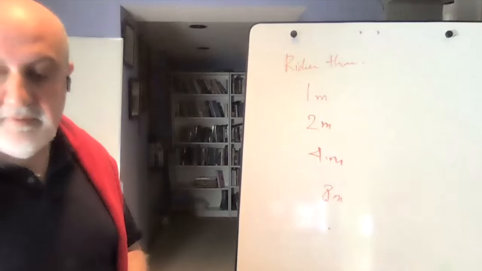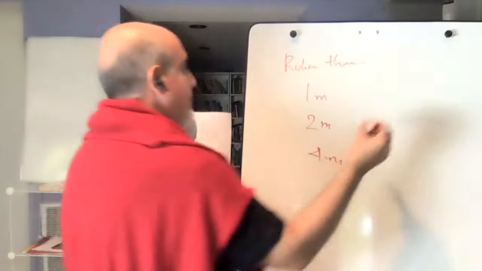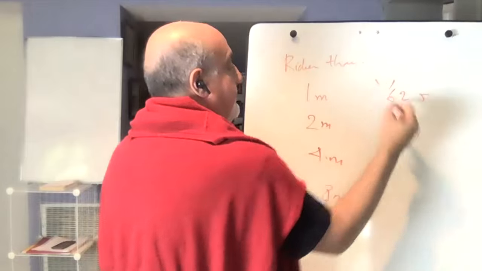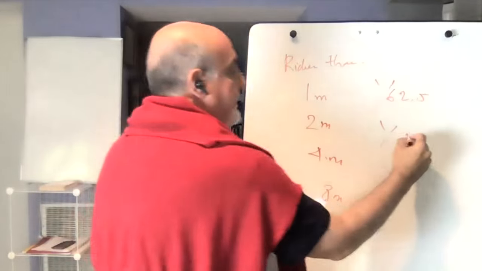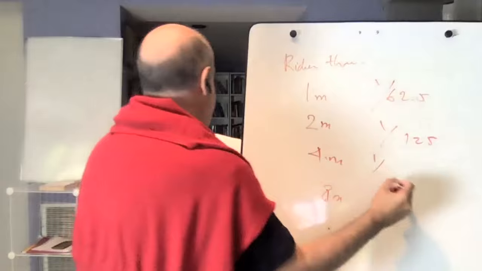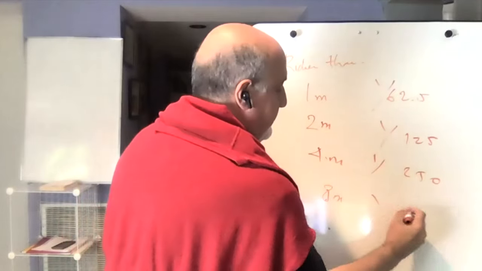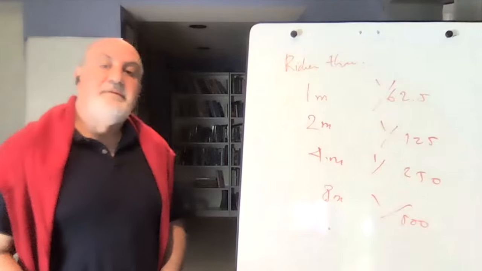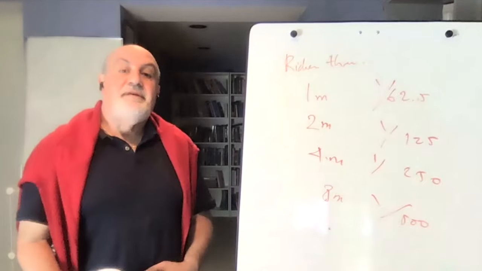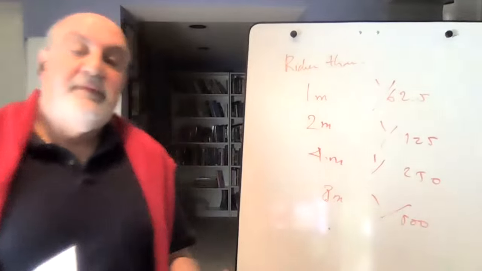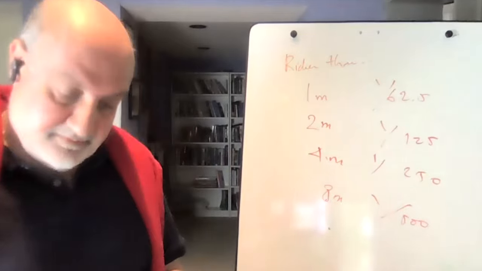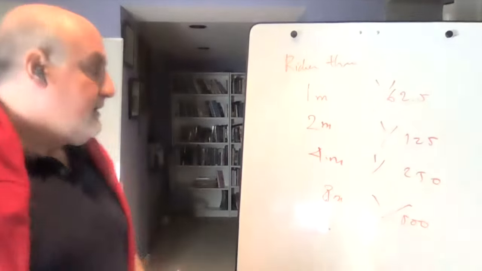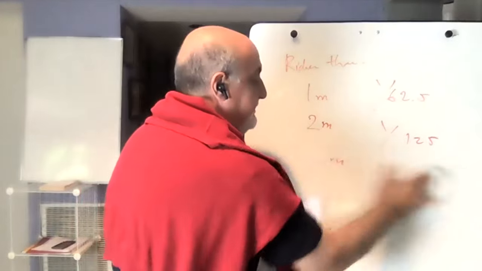Richer than 1 million, say, I'll start with 62.5, 1 in 125, 1 in 250, 1 in 500. There's a steeper power law. This one does not have a mean. Guess what? We understand how it works. It doesn't have a mean, but we can work with it, we can live with it. So the way we're going to simplify again the characterization of power laws.